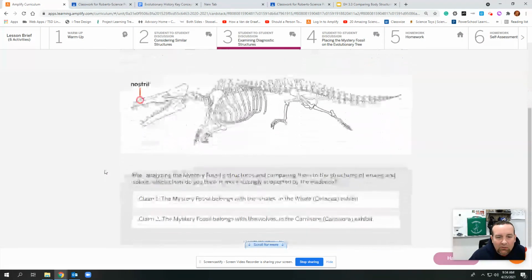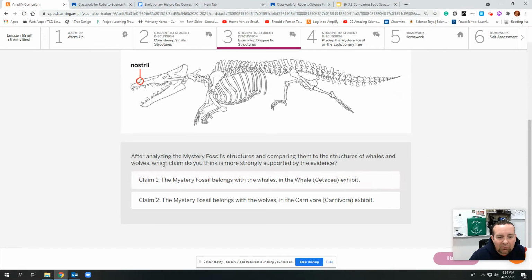So now you should be able to some degree answer this question, and those cards should have helped just a little bit lead us in the right direction. And especially that showing us how the nostril is creeping up, it's getting up closer to the top of the head, which is very different than our wolf.